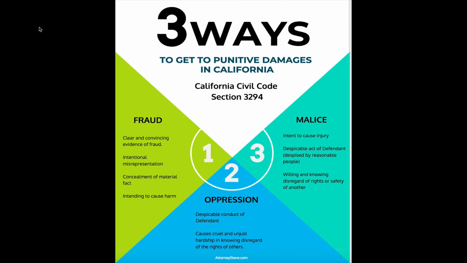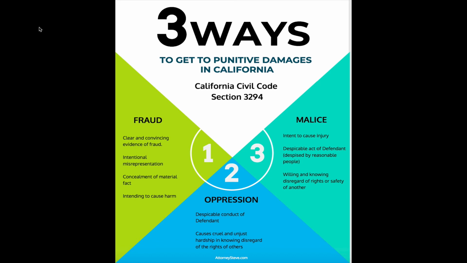Malice is the second way. A second way to get punitive damages in California is to allege, show and prove malice by the defendant or defendants. What is malice? Malice is an intent to cause injury. This is somebody that's just being malicious. As it says here, despicable acts of a defendant. What is despicable?